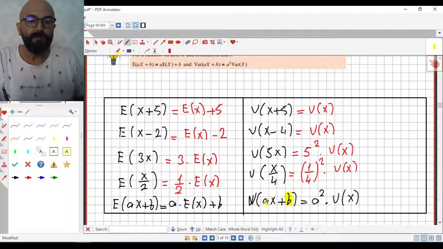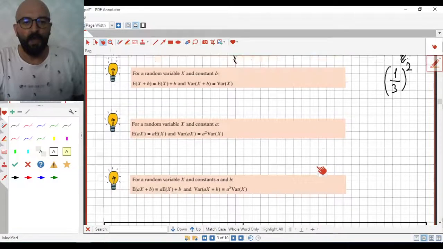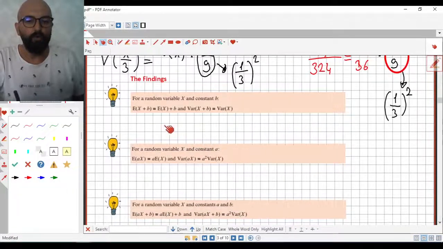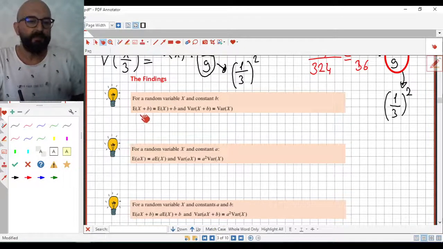Only multiply changes variance. Don't forget. Now in our document it is also written: the expected value of x plus b means the expected value of x plus b.